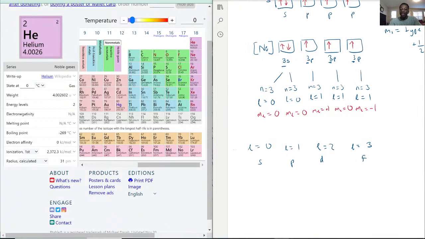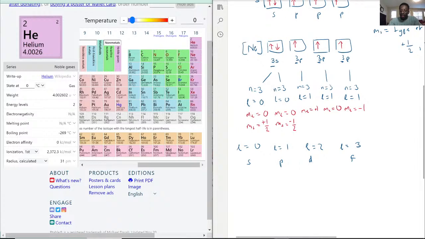So with that all being said, our ms for this, considering that we're referring to the first electron here, will have that positive spin. Our ms here will have a negative spin because it's pointing down. And as you notice, all these ones here in the p orbital are pointing up, so all the ms's here would be a positive 1/2.